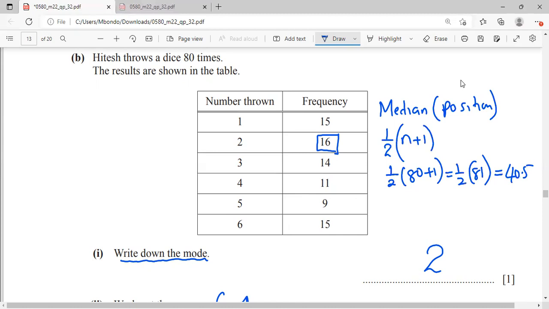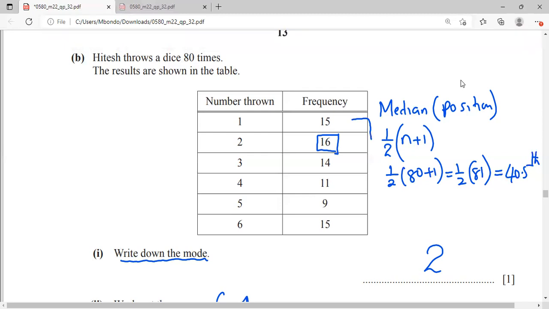All right. So we need to understand where, on the frequency column, we are going to have the 40.5th number. We need to start counting. You know that this is the middle number when you arrange the numbers in ascending or descending order. So we start adding cumulatively until we get to the point where 40 falls.